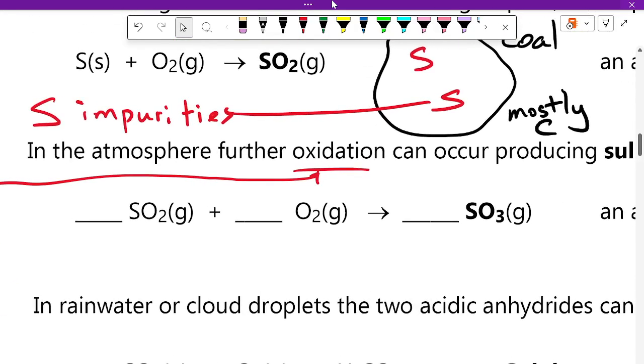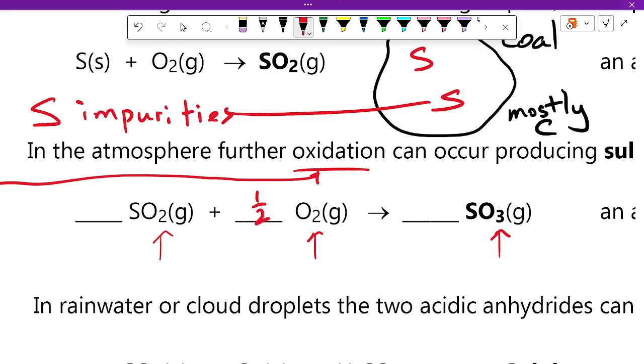It's complicated because you've got an odd number over here, yes? And you've got an even number over here, but it's in 2 different places, right? So that's icky, yes? How I would deal with this is I would use halves. I would put in a half O2 because that would give me 2 oxygens plus another half of an O2 gives me 3 oxygens, right?